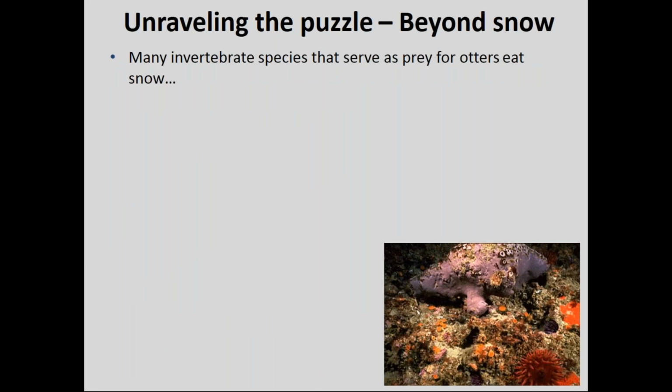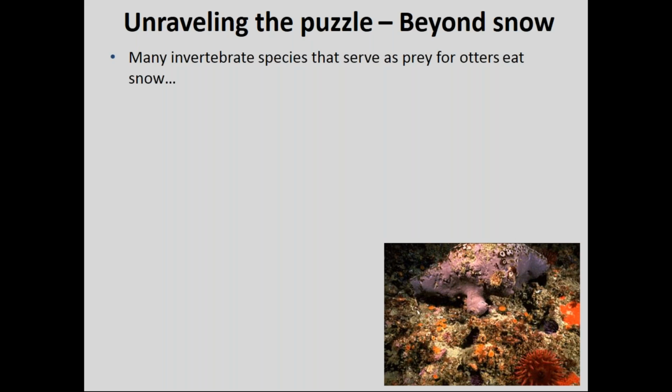And beyond snow, there have been a number of studies looking at risk factors for infection in sea otters for Toxoplasma, and one study showed that sea otters who prefer to prey upon turban snails had a higher seroprevalence to Toxoplasma. And sea otters, it's interesting in their behavior, they tend to pick a particular food that they stick with. So they may specialize in crabs or abalone or turban snails.